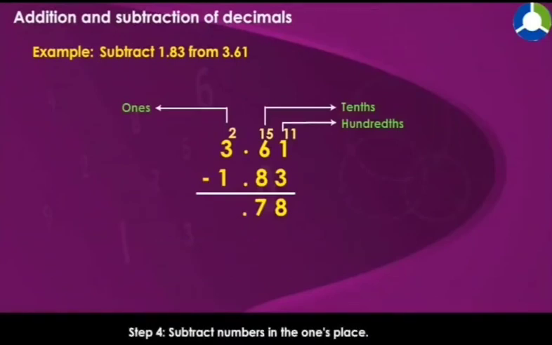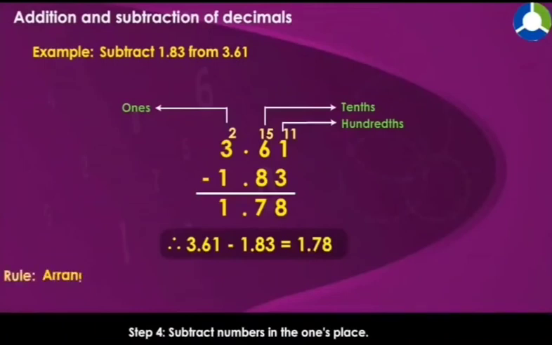Step 4. Subtract numbers in the ones place. So children, 2 minus 1 equals 1. Therefore, 3.61 minus 1.83 equals 1.78. Very easy children.